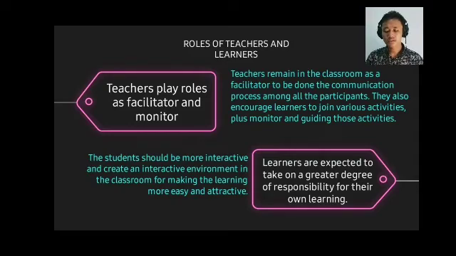They also encourage learners to join various activities, plus monitor and guide those activities. Learners themselves are expected to take on a greater degree of responsibility for their own learning. It means that the students should be more interactive and create an interactive environment in the classroom to make learning easier and more attractive.